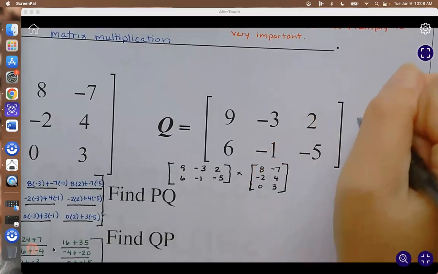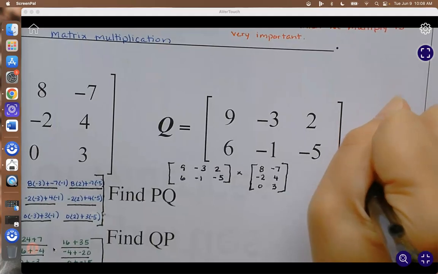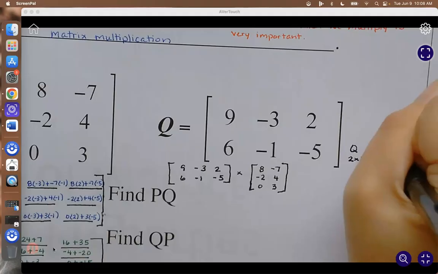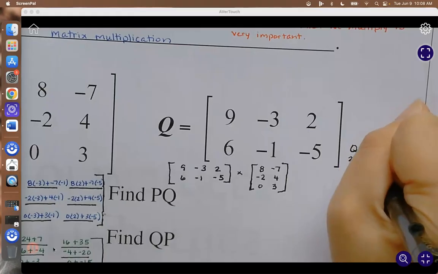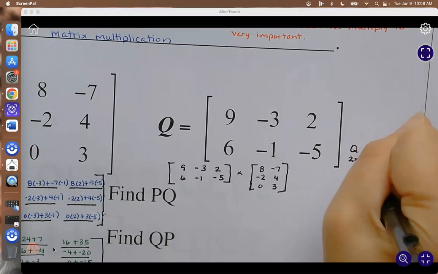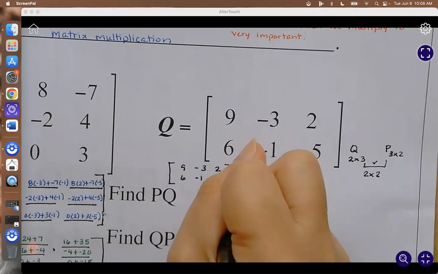Okay, so this time we're doing Q, which is a 2 by 3, and P, which is a 3 by 2. These are the same, so our answer is going to be a 2 by 2.